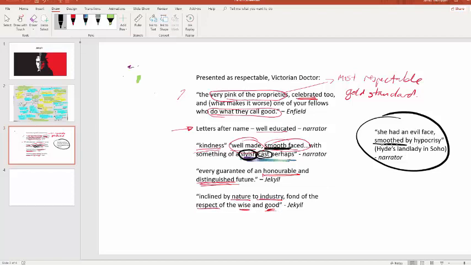Again, smoothed, and we get that same idea there. So Stevenson obviously uses that word when describing people's faces to mean something a bit dishonest. And if you are a hypocrite, then you pretend to be something that you're not. You say one thing and do another, which means the writer could be describing something about Jekyll here that's not very pleasant.